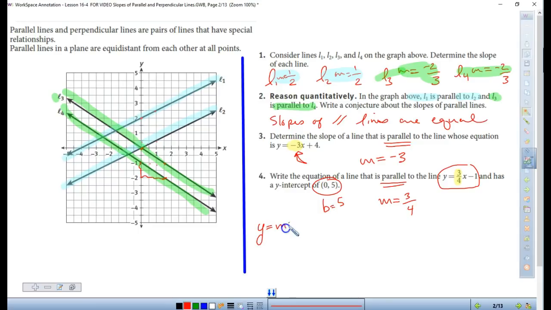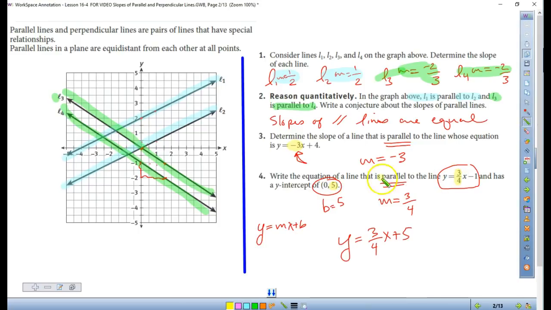If we write y equals mx plus b, we have y equals 3/4 x plus 5. So being able to write slope-intercept form and knowing that parallel means using the same slope, here is the equation of a line that's parallel to this line, but goes through this y-intercept right here.